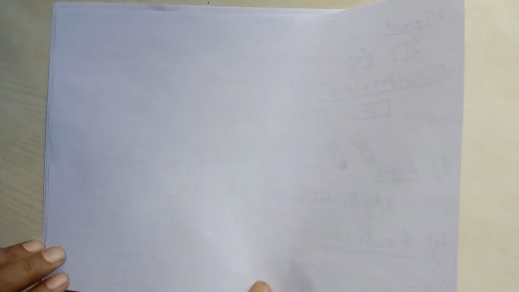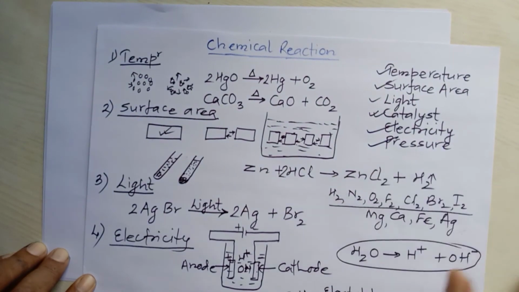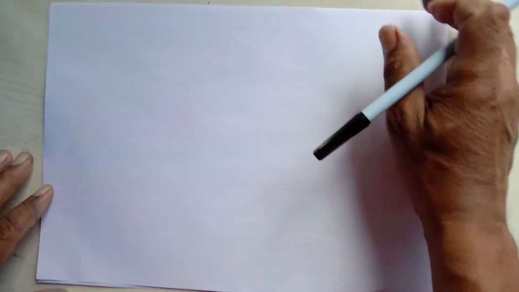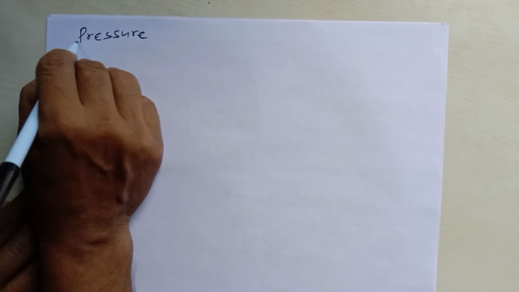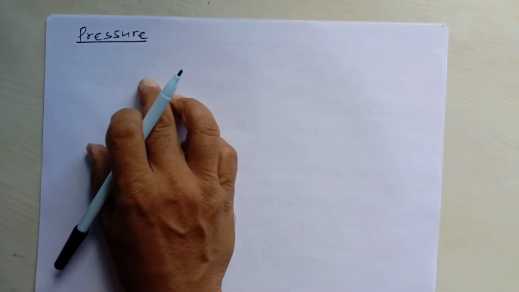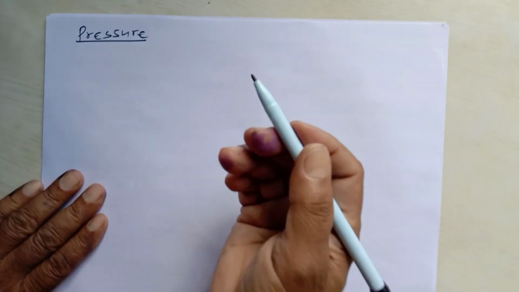Now next, let's talk about the last one. This is done. Now pressure. Pressure is one of the factors which affects the rate of chemical reaction. Now what is the reason? Pressure brings the molecules of reactants very close to each other.